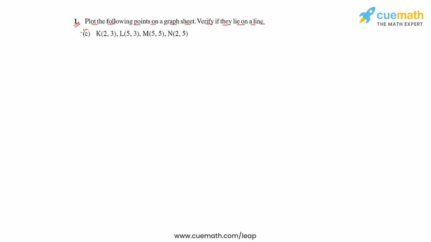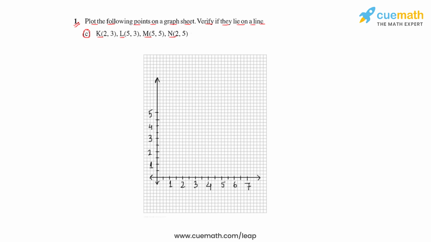Now in part C of this question, we have the 4 points K, L, M, N. So let us consider the graph sheet where the numbers are already marked on the x-axis and y-axis, and the intersection of the two is the origin.